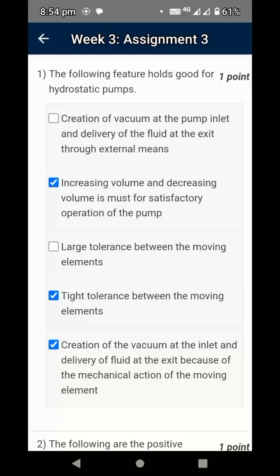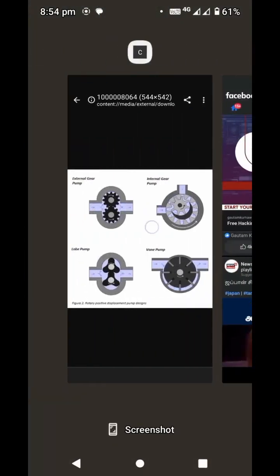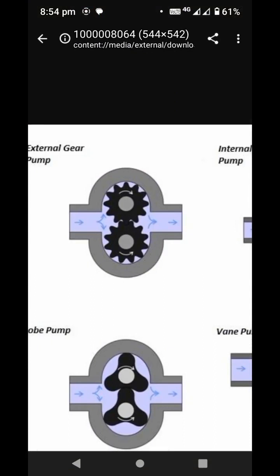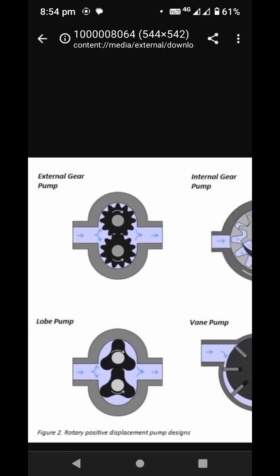For example, I will show the external gear pump. Have a look at this particular picture. External gear pump. In that particular gear pump, at the inlet side the water is coming in due to the rotation of these gears, due to the mechanical action, and then this water or oil goes inside.